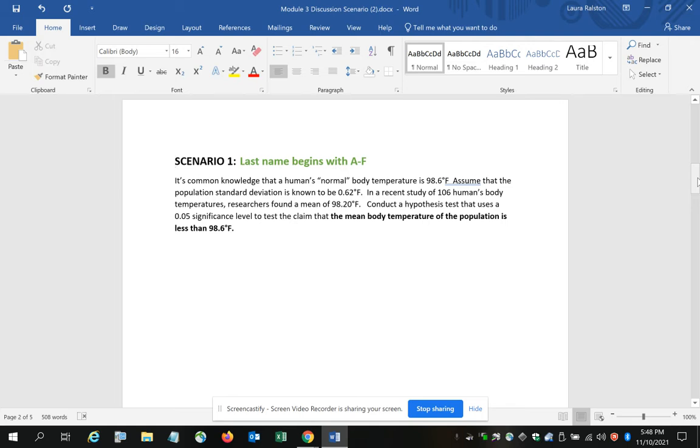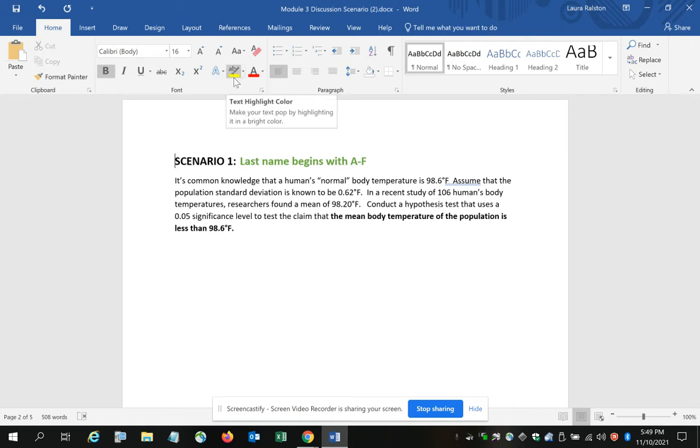Assume that the population standard deviation is known to be 0.62 degrees Fahrenheit. In a recent study of 106 human body temperatures, researchers found a mean of 98.2 degrees Fahrenheit. Conduct a hypothesis test that uses a 0.05 significance level to test the claim that the mean body temperature of the population is less than 98.6 degrees Fahrenheit.